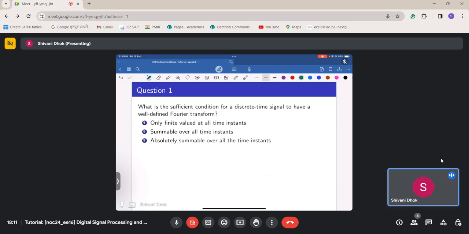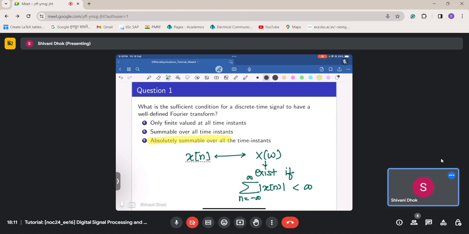So for a Fourier transform, let's say I have x of n and we have this X of omega. This will exist if the summation, n running from minus infinity to infinity, of the magnitude of x of n is less than infinity, which corresponds to option 3.